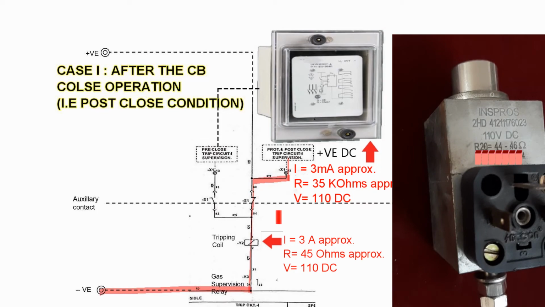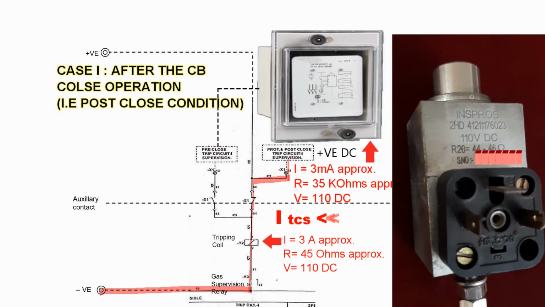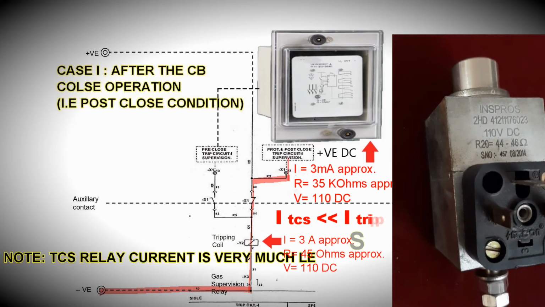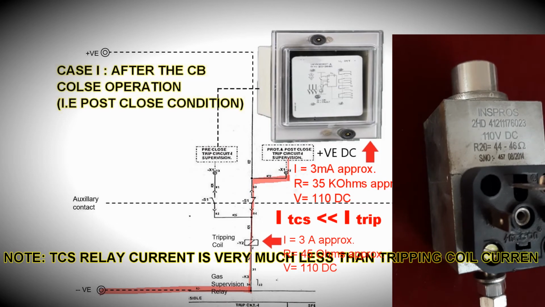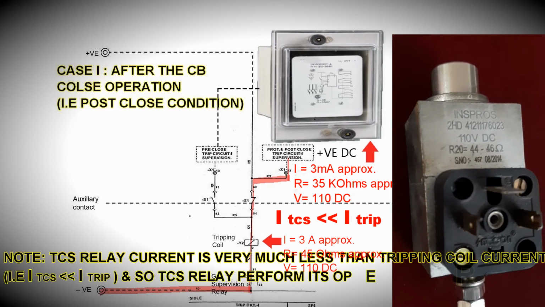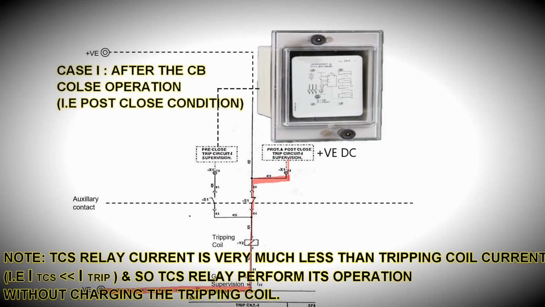Thus, such a small magnitude of a few milliamperes is not sufficient to charge the tripping coil, which requires comparatively 10 times higher current, that is around 3 amperes. In this way, the TCS relay performs its operation without charging the tripping coil.